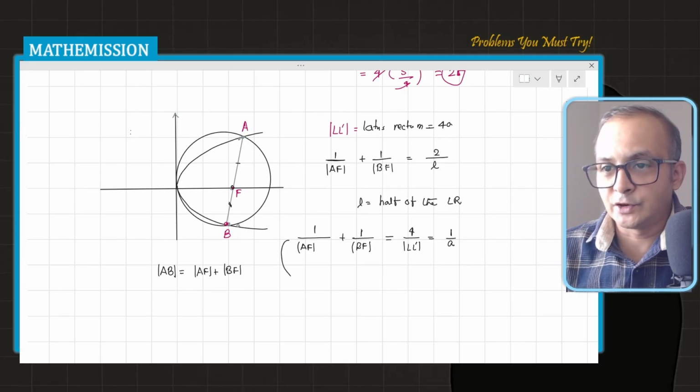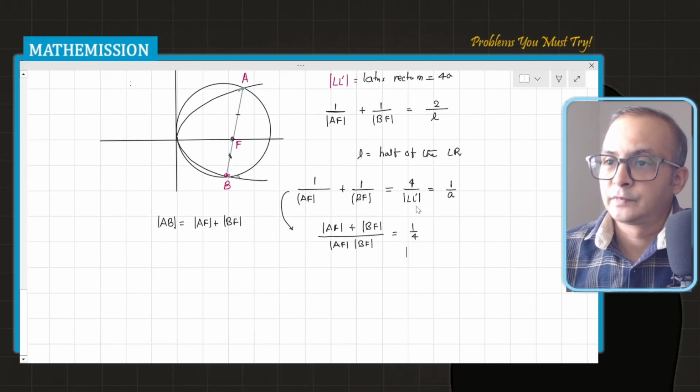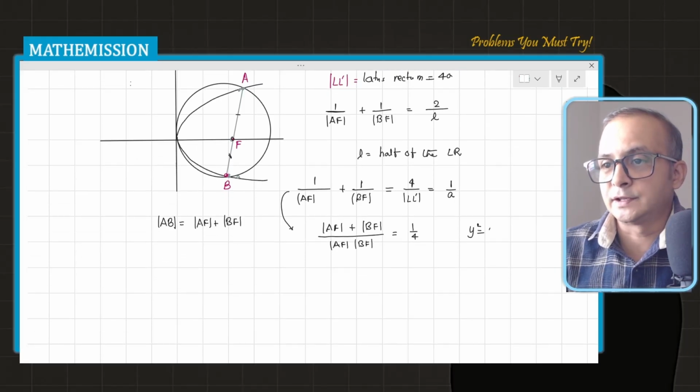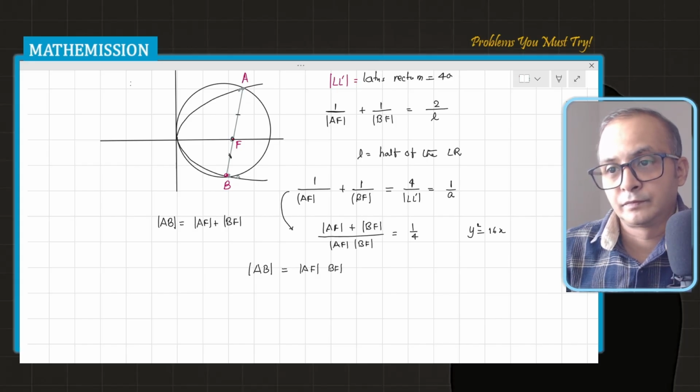So suppose I'm trying to solve this thing further, I get AF plus BF, taking LCM, divided by AF into BF, that is equal to 1 by a. a is 4 in this particular case, because the parabola is y squared equals 16x. So if by any chance, AF plus BF, now I'm writing AB, if by any chance I get AF into BF, my work is over, because I take this and divide by 4.